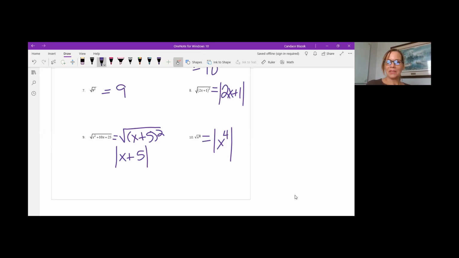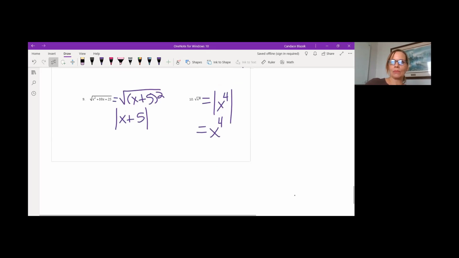Remember that any number to an even exponent will be positive. Any negative number to an even exponent is positive. Any negative number to an odd exponent is negative. So here we can actually simplify this further and say this is x to the 4th. And we'll talk about that later.